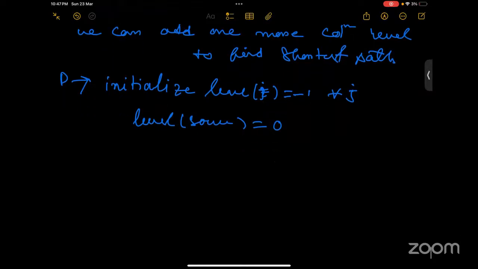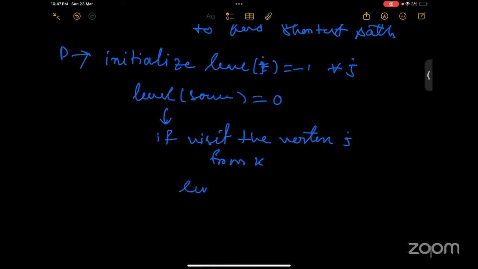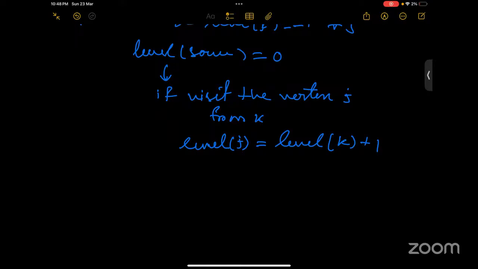Then in the next step, for each visited vertex we will add 1 to the level. So if I visit the vertex j from some vertex k, that means level j will be level k plus 1. We can see this in our example.